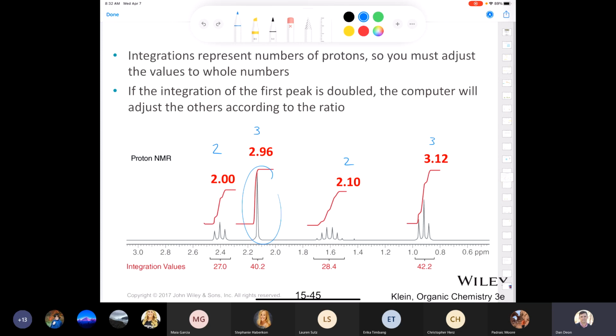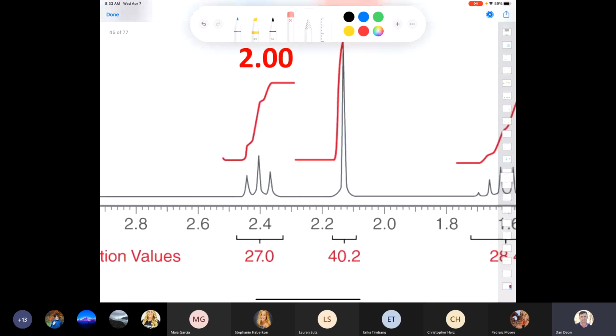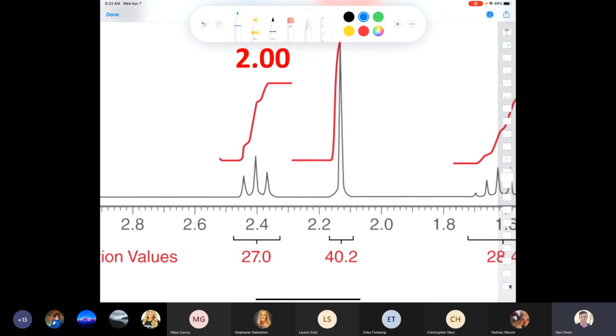But before we do that, I just want to mention one more historical point about integration. Besides using step curve and integration values, there's one other way that I know of to calculate integration values. You want to hear it? It's kind of funny. Back in the olden days, they used to print out NMR spectra on really heavy stock paper, and they would literally take a pair of scissors and cut out all the signals like this.